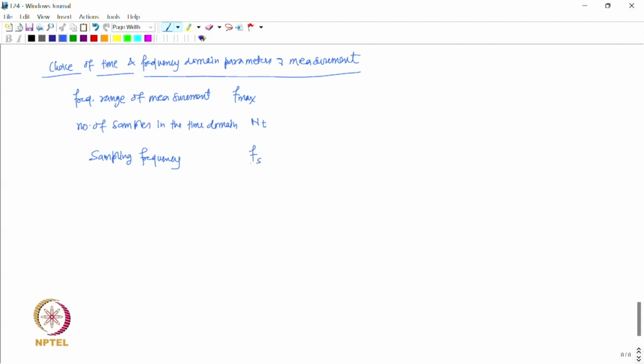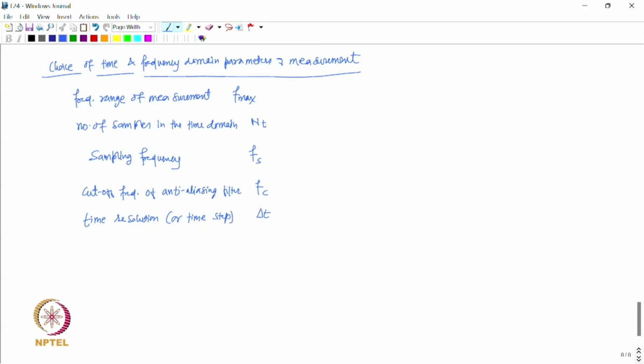Then we have the cutoff frequency of the anti-aliasing filter, let us call it Fc. Then we have the time resolution, or time step, that is delta t.